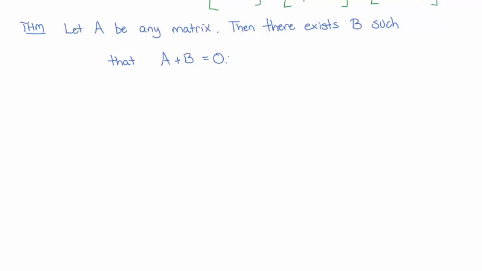But you also need an additive inverse, something that will undo a matrix. If somebody hands me a matrix A, I want another matrix so that when I add them together, it brings me all the way back to the additive identity. So we're given a matrix A, and we want a matrix B such that we get the additive identity.